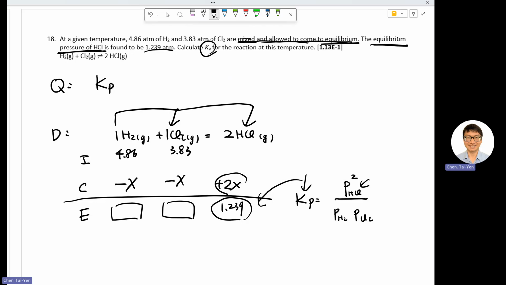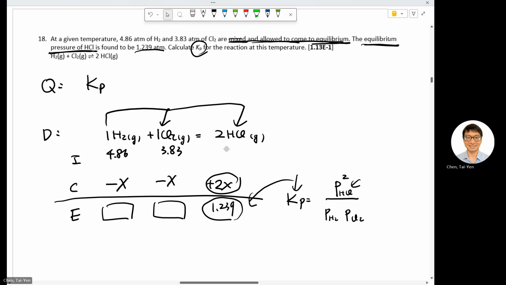Therefore, you add 2x here. Okay? So the initial HCl should be 0, right? Because it's allowed to react, you don't have any HCl to start with. Okay. So we should know that when you add up your I and C, they come to your E, right? Therefore, these will equal 4.86 minus X.